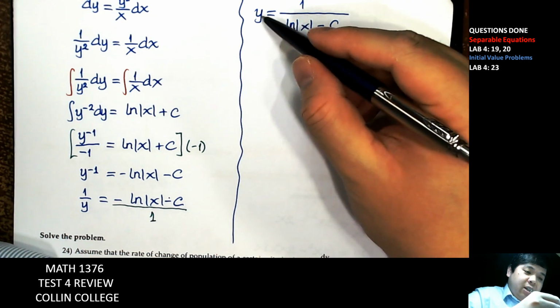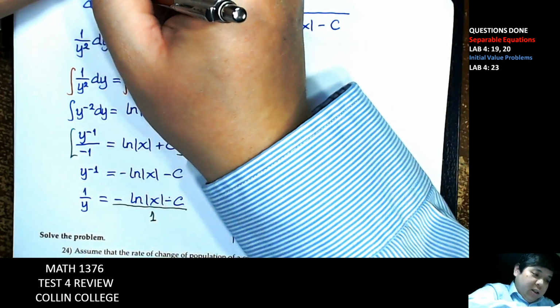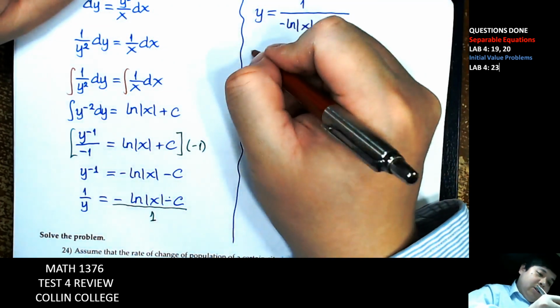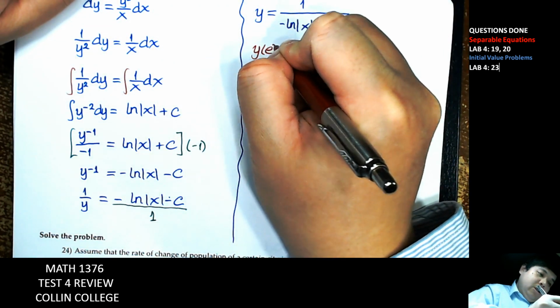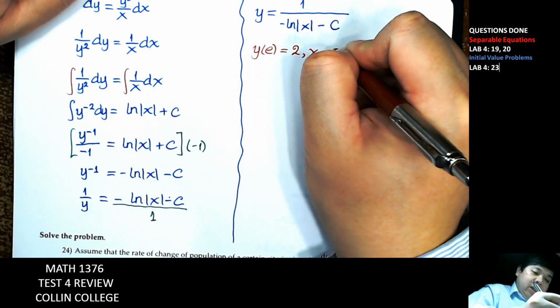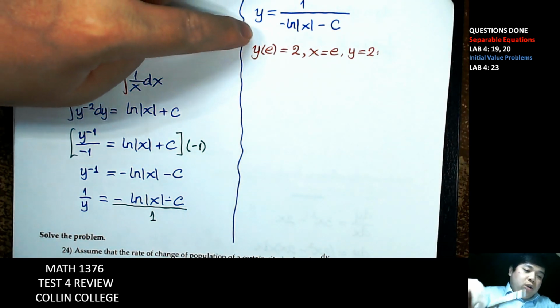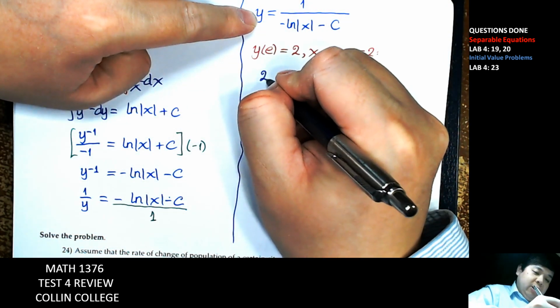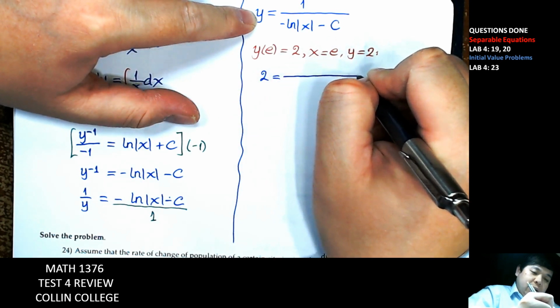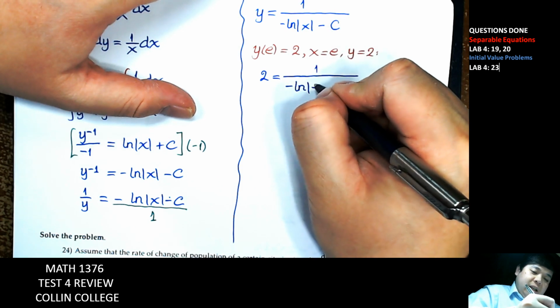Next, we use the initial condition, this condition. Meaning that when x is equal to e, y is equal to 2. So I'm going to put 2 in for y, and x is e.